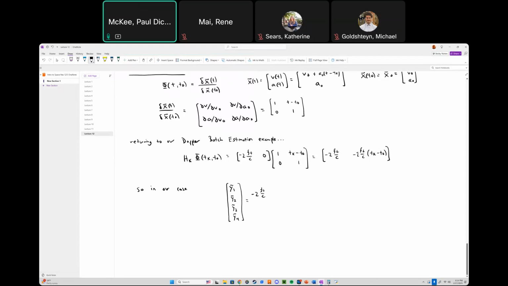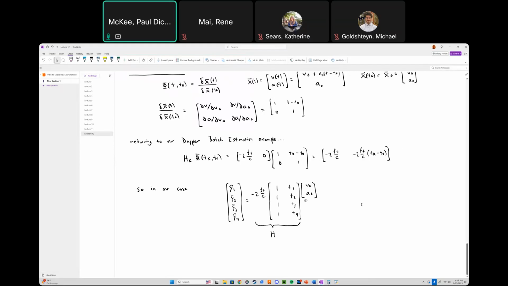So we're going to factor this out of our matrix. And then this is going to look like 1 T1, 1 T2, 1 T3, 1 T4, which is a full column rank matrix. We're going to call all of this H, and then this is going to be v naught, a naught.